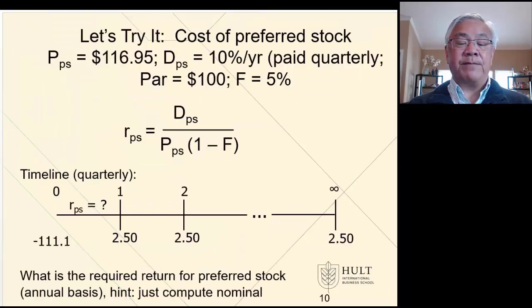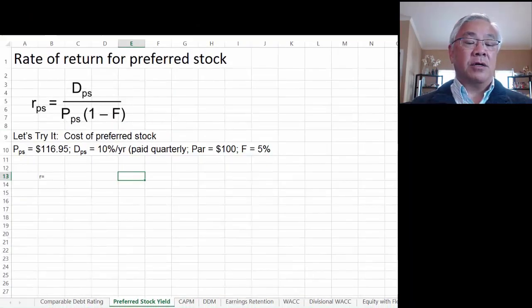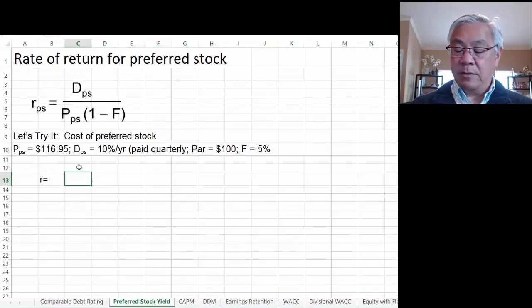So we can try this out and look at this formula, which we just went through, in this particular example. And so we'll hop into Excel to do this. So the rate of return on preferred stock is equal to this formula. So it equals the dividend for preferred stock, which is 10%. So let's calculate what that means.